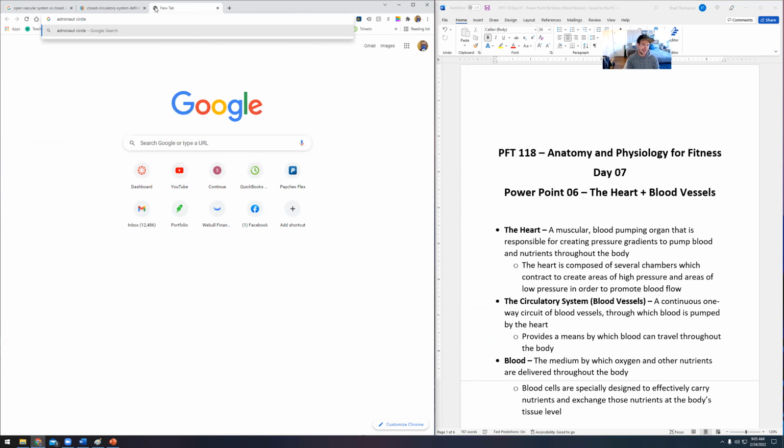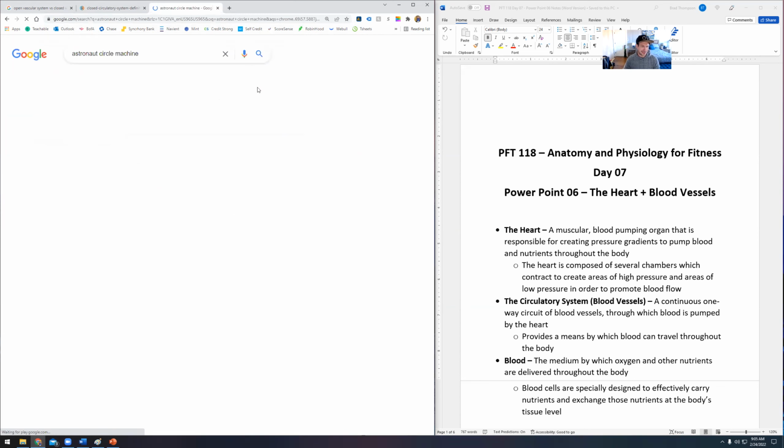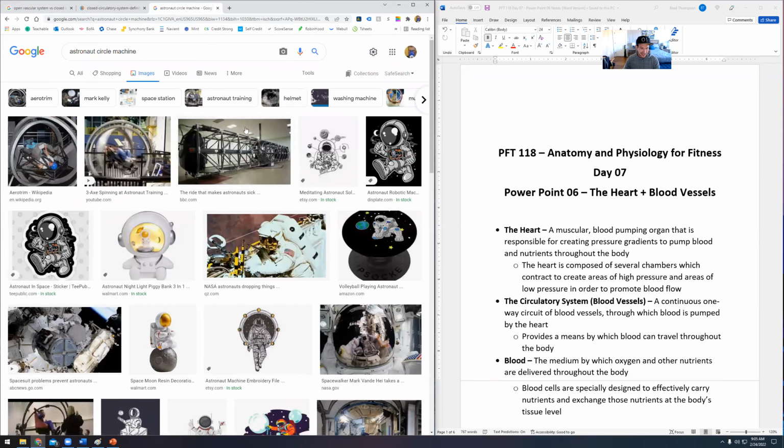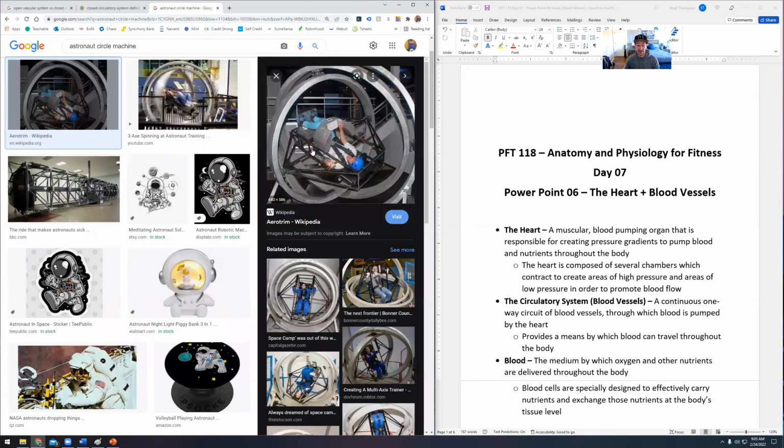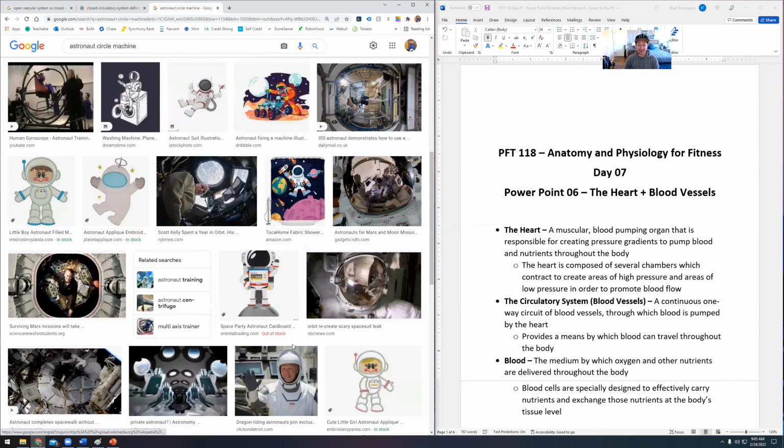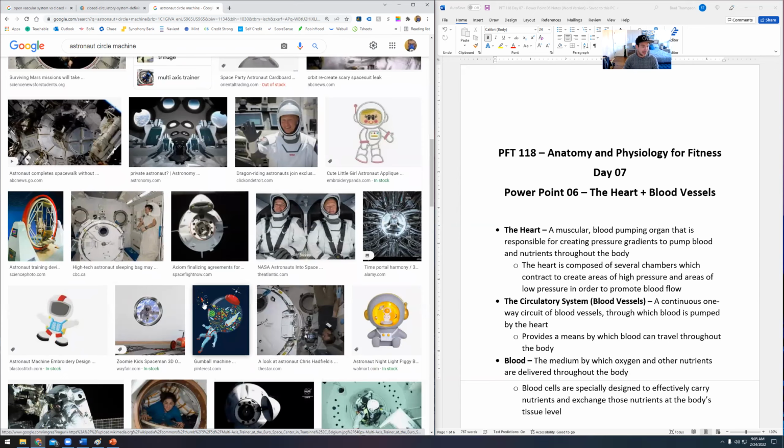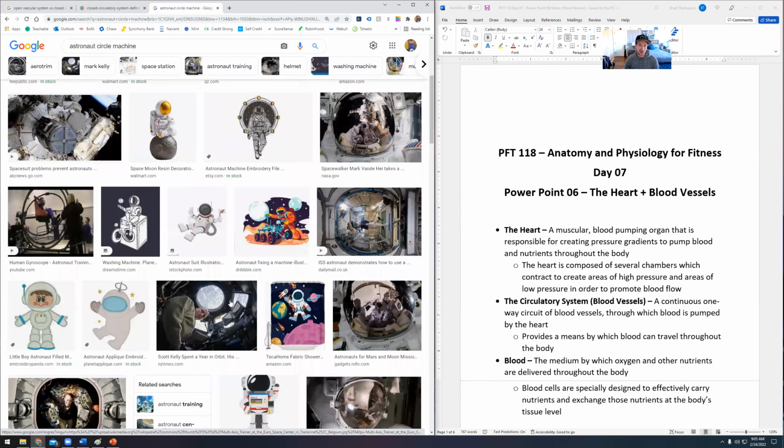circle machine. I don't know what this is called. I'm sure that should be enough to pull up a picture of it though. No, oh man, there is this is also like a gyroscope, yeah.